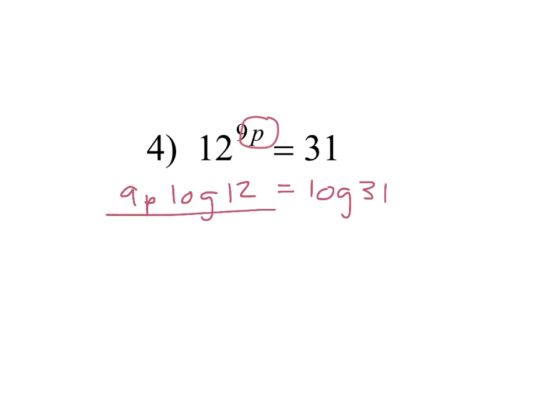So now we want our p to be all by itself, so we're going to divide both sides by the log of 12. So it'll cancel out on the left, so we get 9p is equal to the log of 31 divided by the log of 12, and now we have to put this into our calculator.